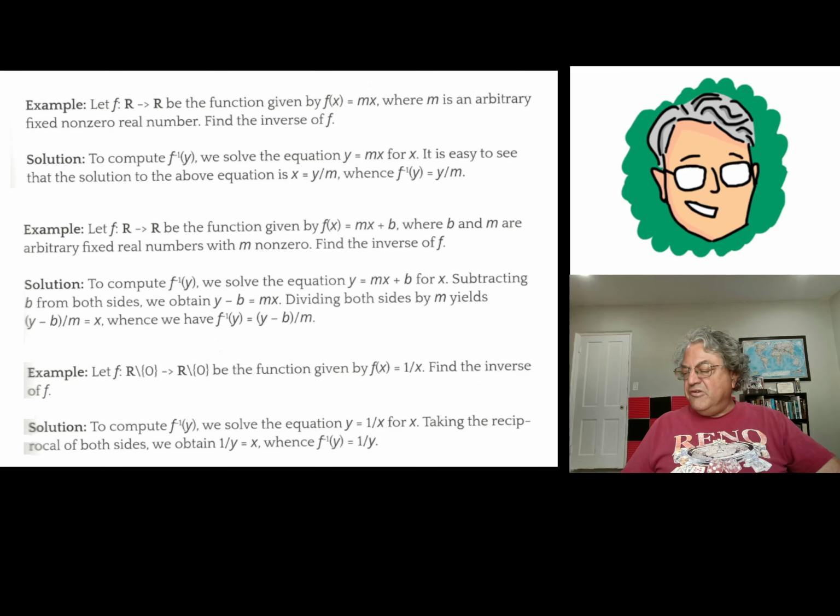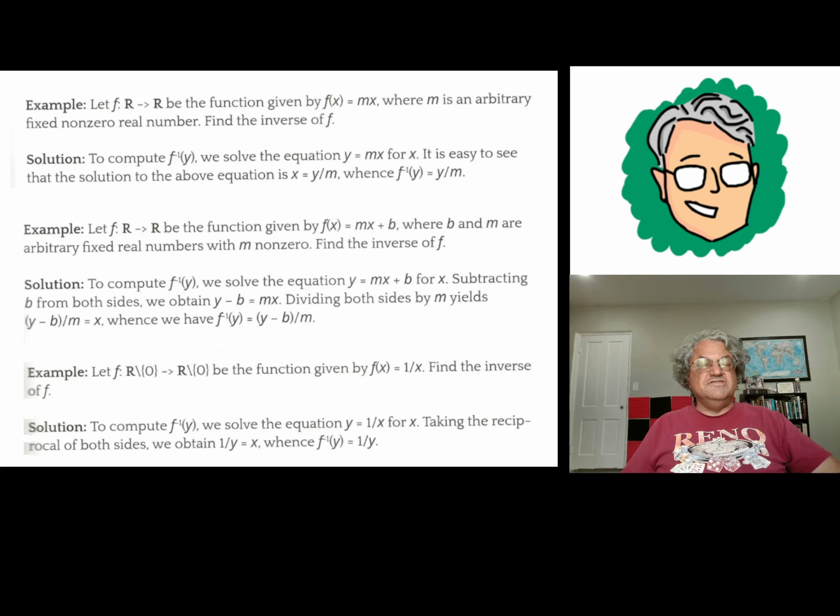But anyway, so we have a line that's not vertical or horizontal, given by f of x, which is y, is equal to mx plus b. And now we want to solve for x in terms of y. Well, this will require one additional step. So the first thing we do is we subtract b from both sides. So we're going to get y minus b equals mx.